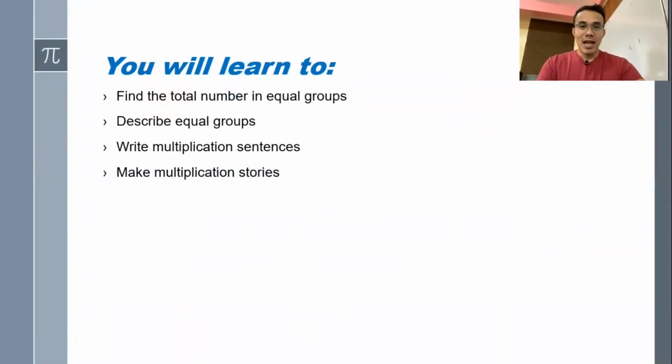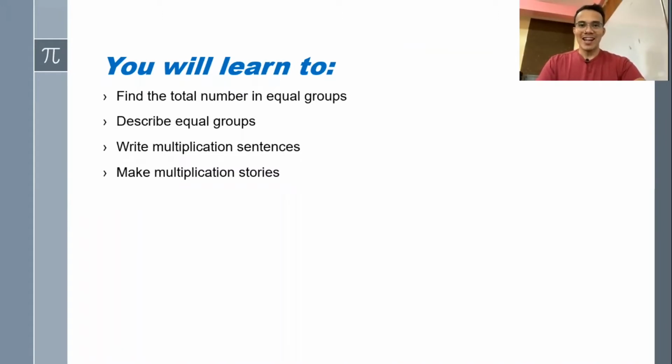Number one, at the end of this video, you are expected to find the total number in equal groups. You are also expected to describe equal groups, to write multiplication sentences, and to make multiplication stories. These are our objectives for today.